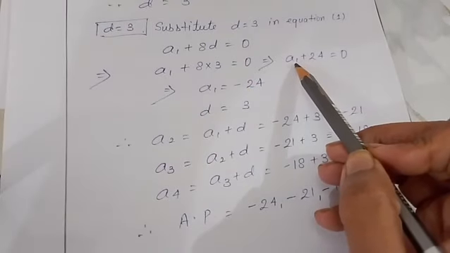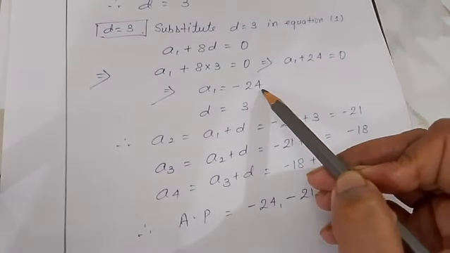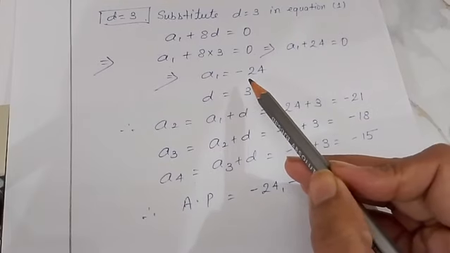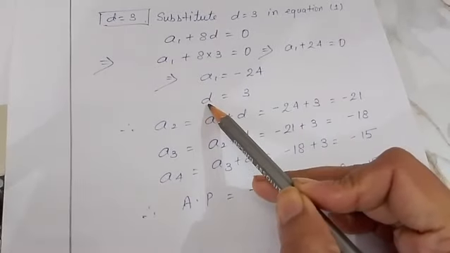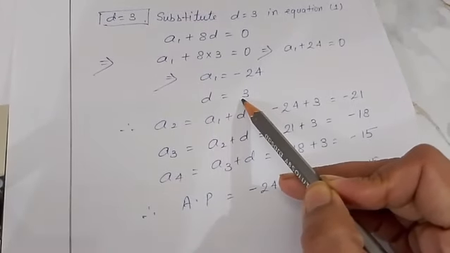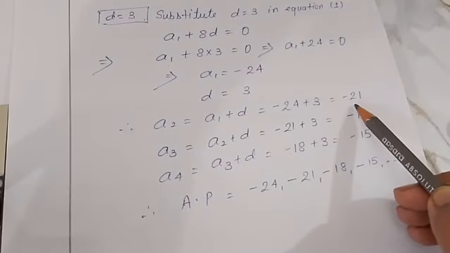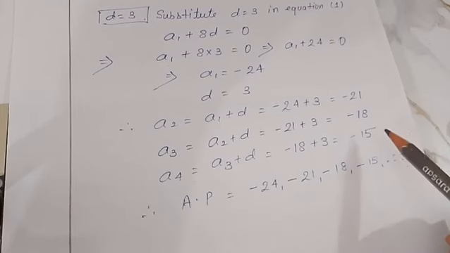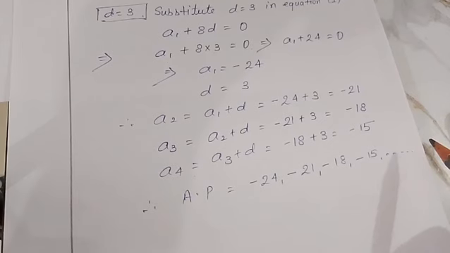Isolate a1, so that a1 is equal to minus 24. The first term a1 is equal to minus 24 and the common difference d is equal to 3. Therefore, the AP is minus 24, minus 21, minus 18, minus 15 and so on.